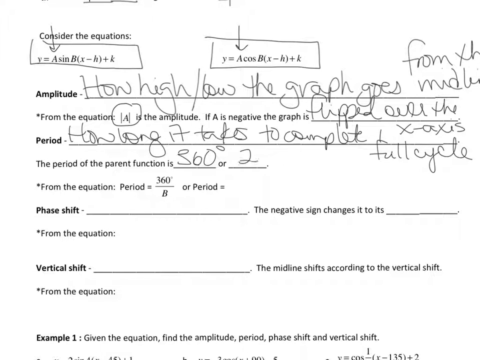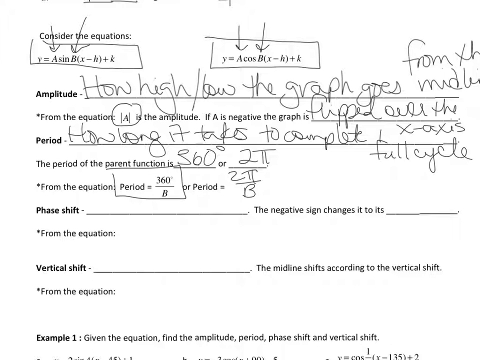If we were talking in radians, a full rotation is 2 pi. So the period of the parent function is 2 pi in radians. B in our equation, this B up here, same as whether it's sine or cosine, affects the period. B is not the period, but it helps you find the period. Your period is 360 divided by whatever the value of B is. If we were talking radians, it would be 2 pi divided by B. But again, we're going to focus mostly on degrees with our graphs.